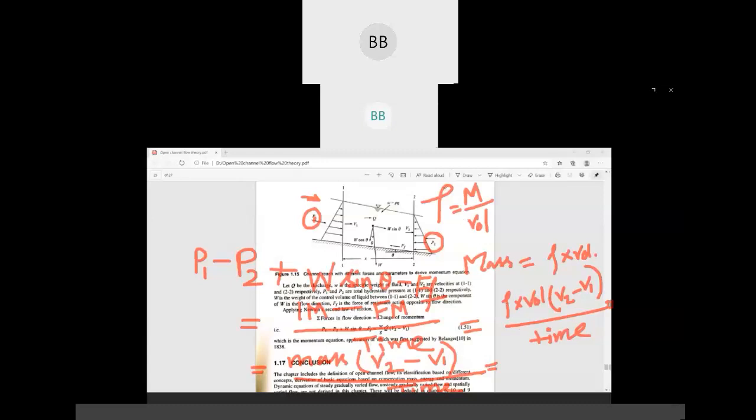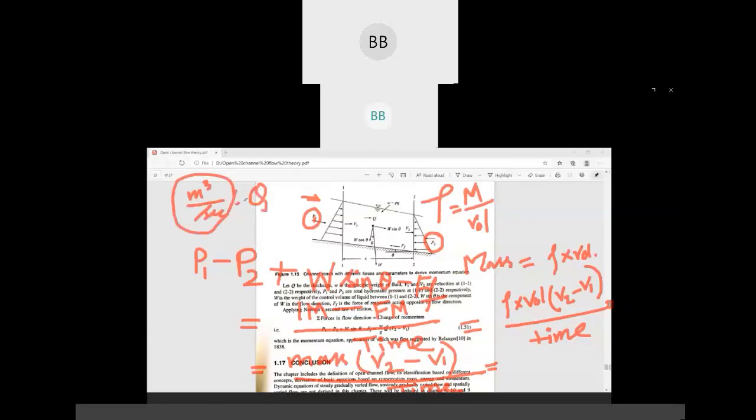As we know, density equals mass by volume, so mass will be density into volume. Then what is the unit of volume? It is meter cube, and then we have time, so divided by second. This is nothing but our discharge.